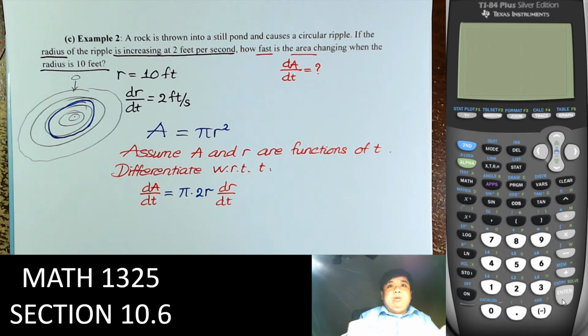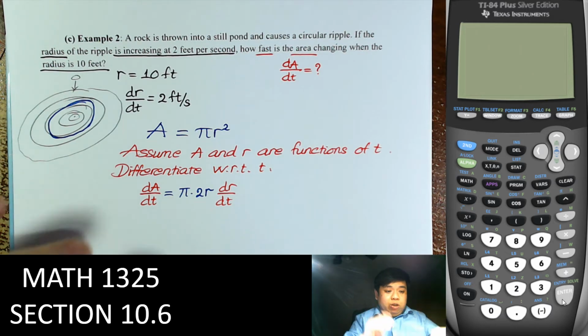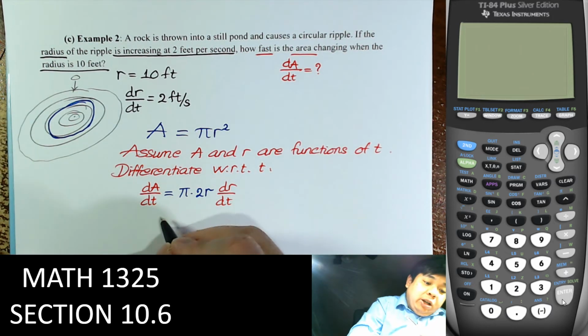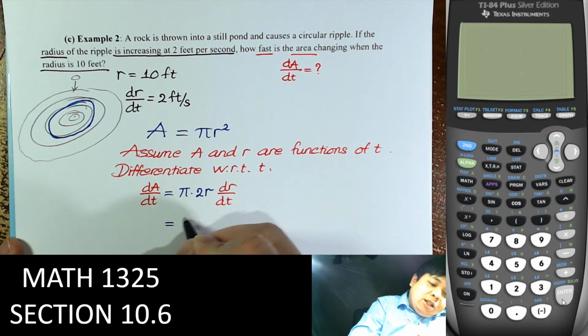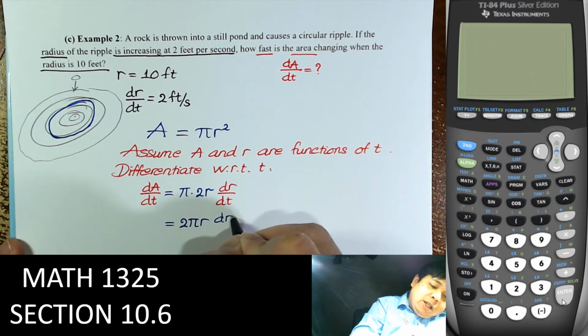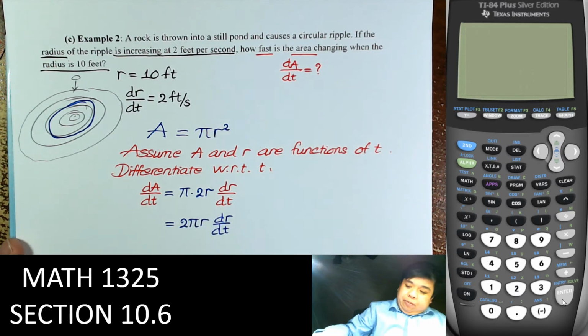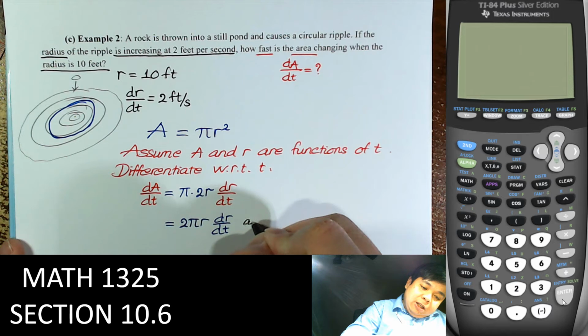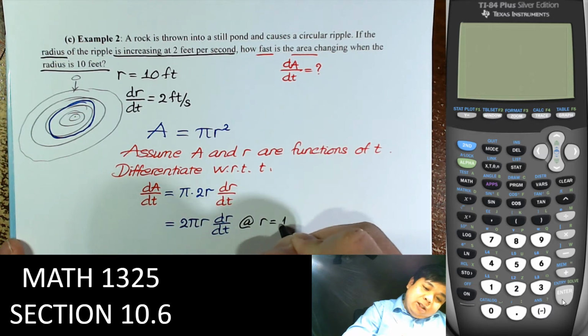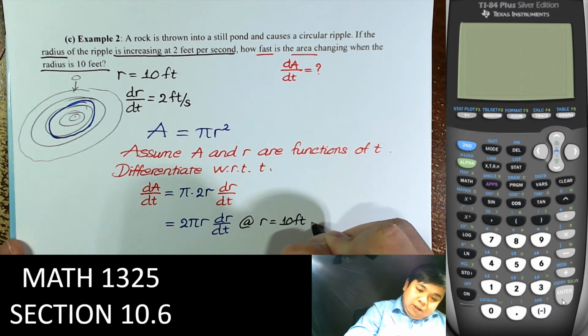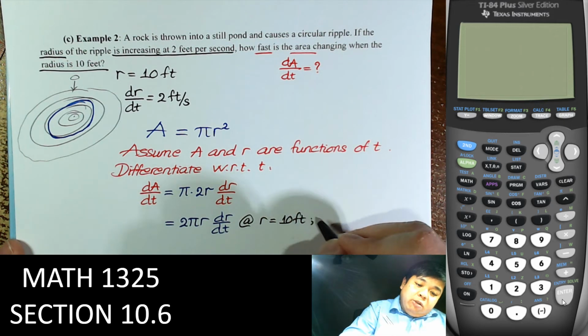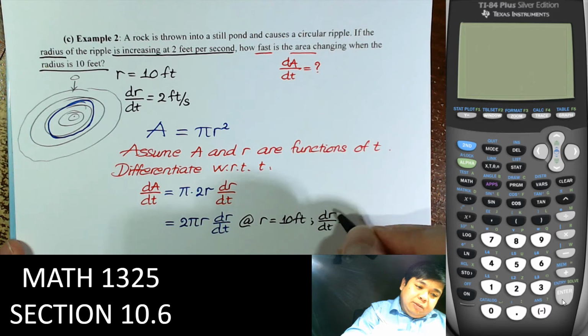Well, we have everything. We just substitute it. This time we solve for dA over dt. We substitute everything with units. Just 2 pi r dr over dt. Now we evaluate at r equal to 10 feet and at dr over dt equal to 2 feet per second.